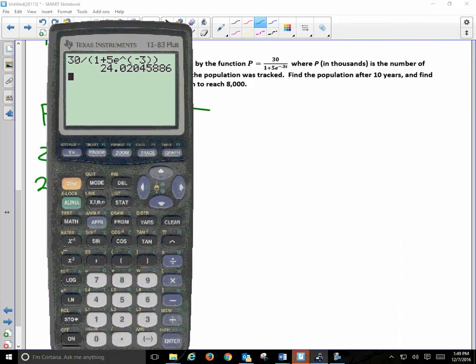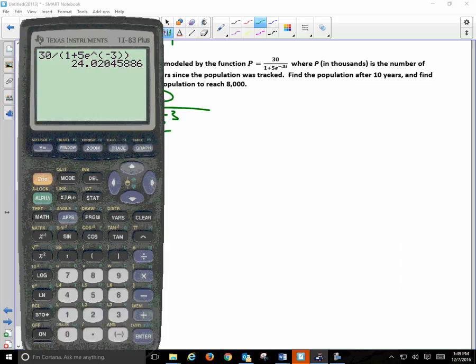For the first part, the second part's a little bit more challenging. The second part says, when has the population reached 8,000? How do I do that? Put in what for P? We plug in 8 for P because it's measuring in thousands.